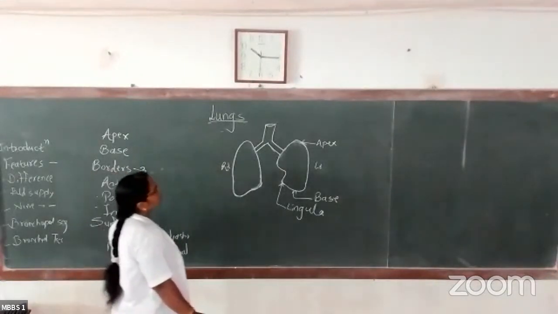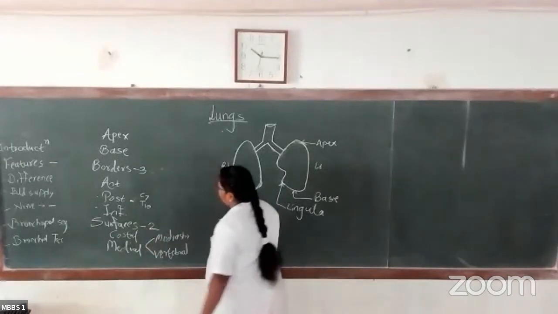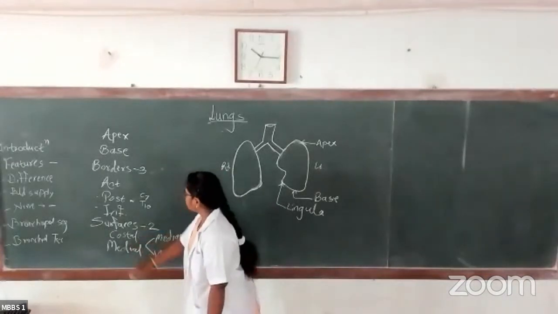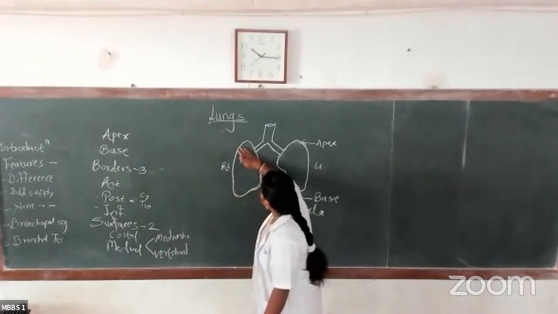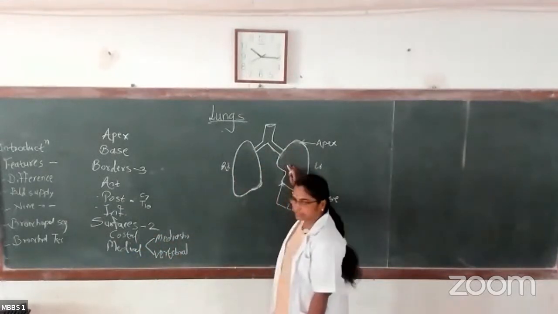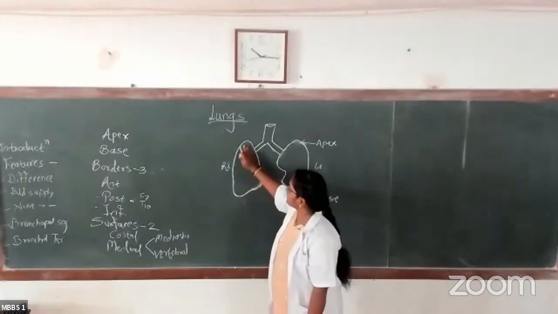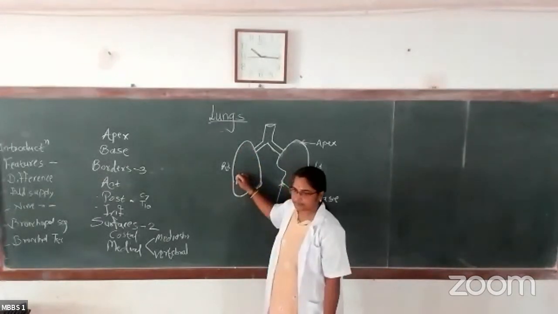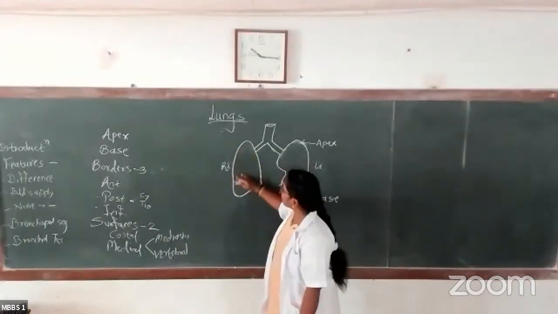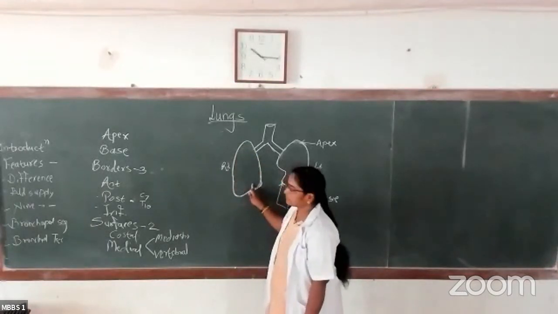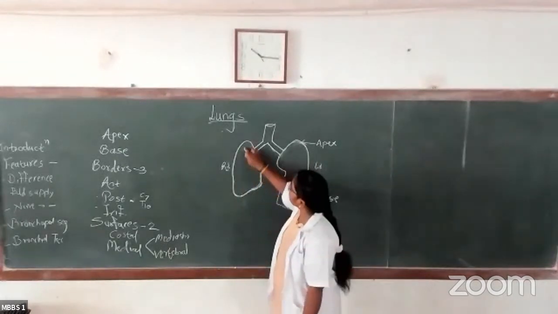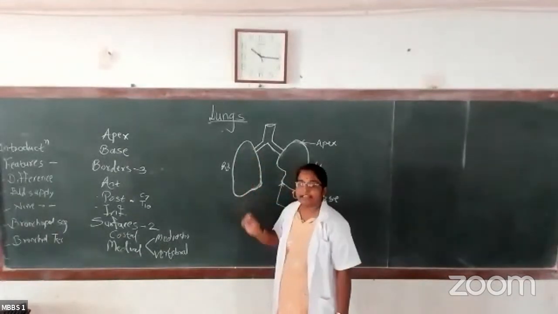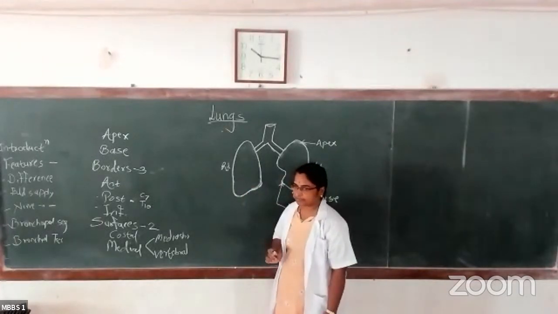Now it has two surfaces. First is the costal surface and other is the medial surface. Now this is the costal surface, which is large and convex. On the costal surface there are impressions for the ribs and costal cartilages and elevations for the intercostal spaces.